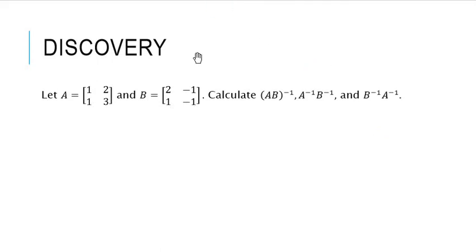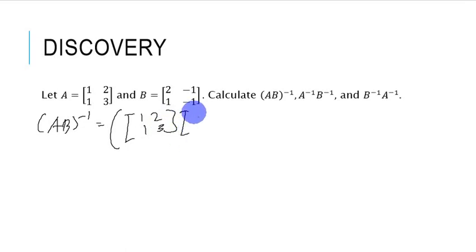Alright, so first let us start with (AB) inverse. Calculating (AB) inverse would mean that we first multiply matrix A and matrix B, then we find its inverse.